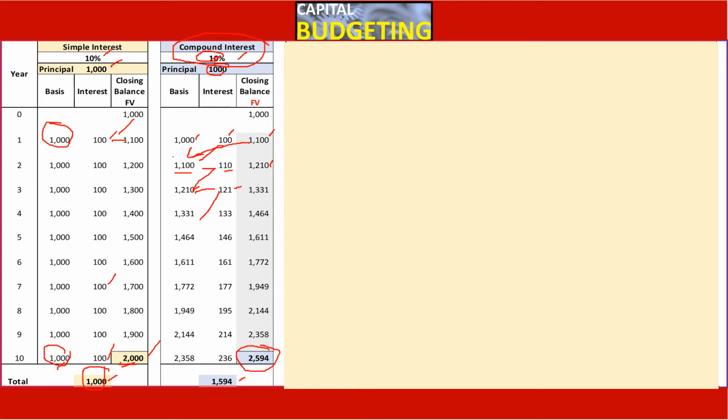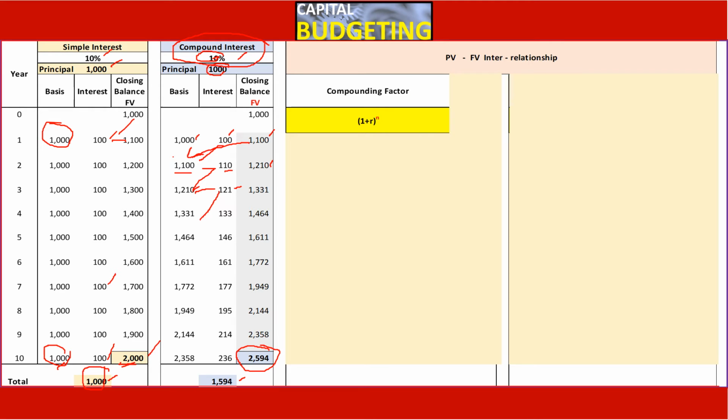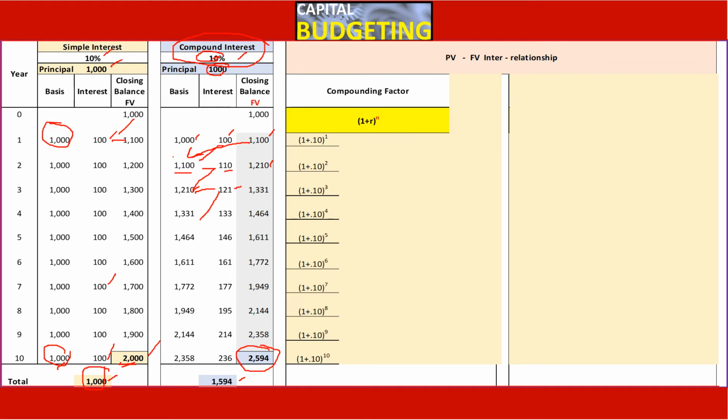This is what we had seen. It is present value into 1 plus r to the power of n. What is 1 plus r to the power of n? Here r is 0.10, 10%, and n is the number of years. For the first year it is 1 plus 0.10. When it comes to the second year, the cumulative amount is 1 plus 0.10 to the power of 2.